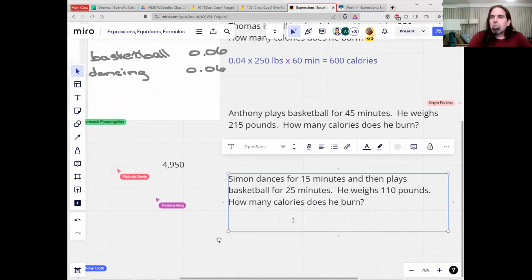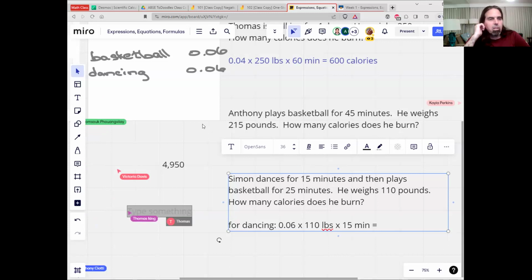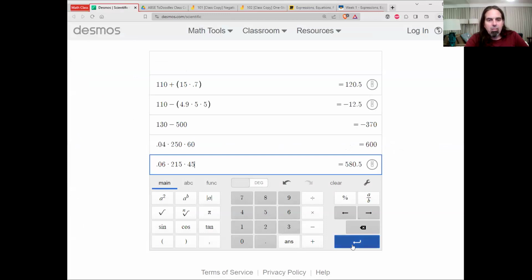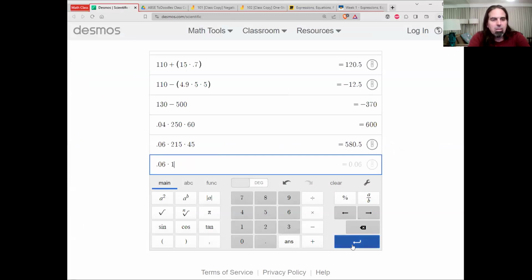So I'm going to actually do that second because you're completely correct, but I want to do it the old way first. So I could do 0.06 for dancing, 0.06 times 110 pounds times 15 minutes, and whatever that is, 99.